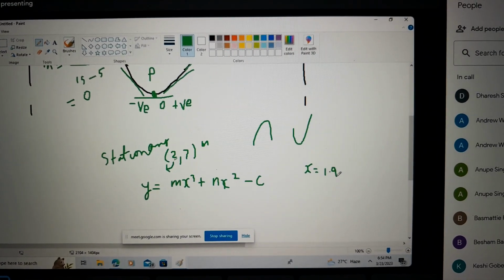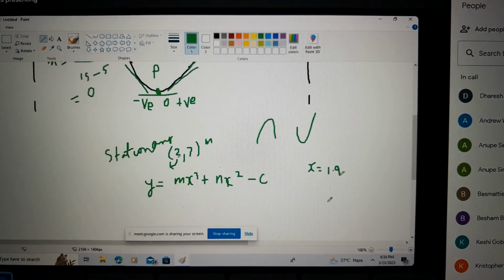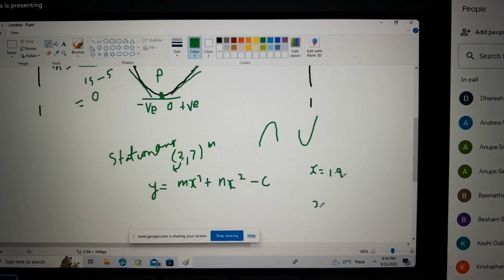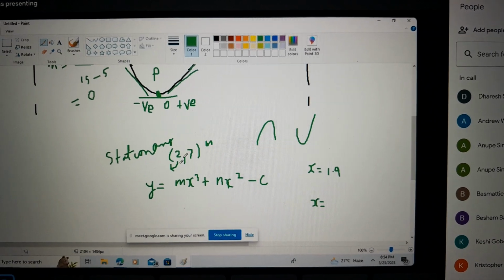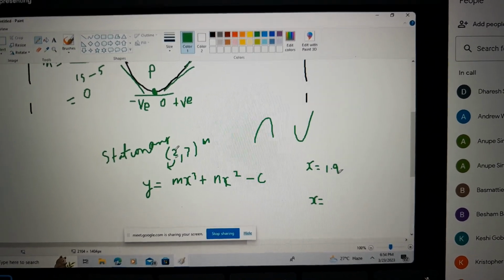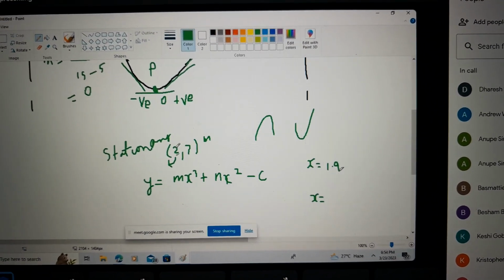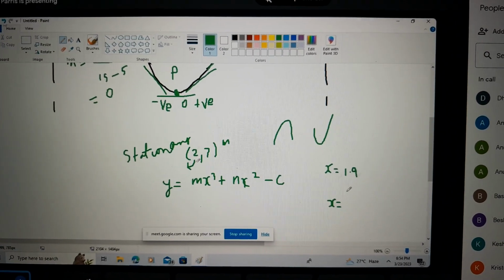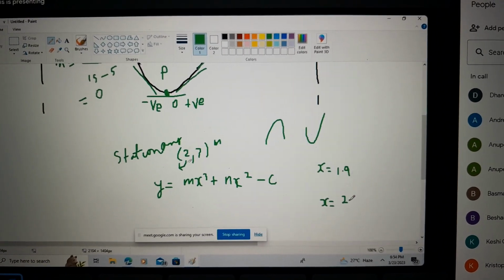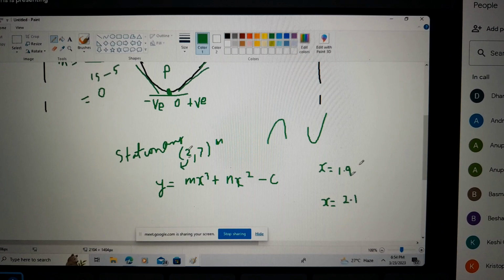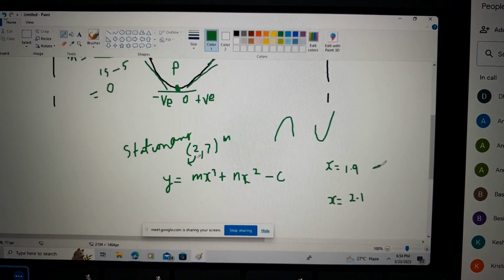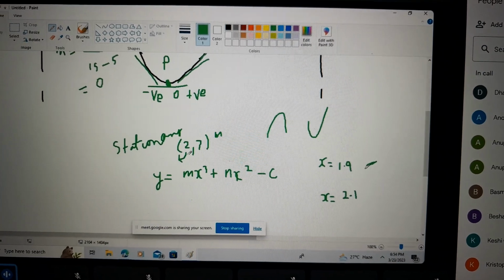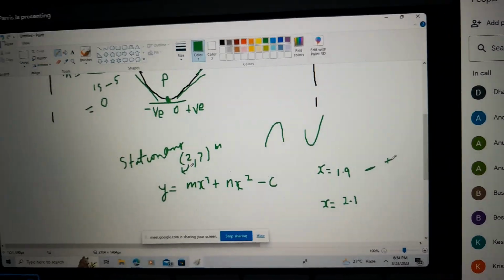Then we can look at the gradient at the point just after 2. What would be a point just after 2? 2.1, sir. At 2.1. Right? So when I put this into my gradient function, let's say at x equals 1.9, I get a positive value.